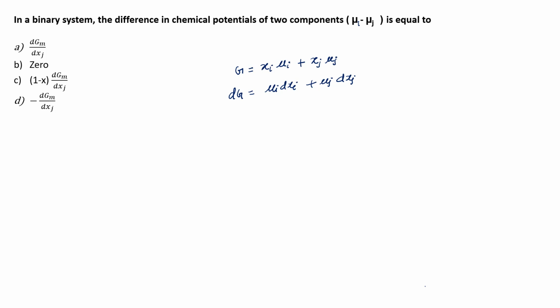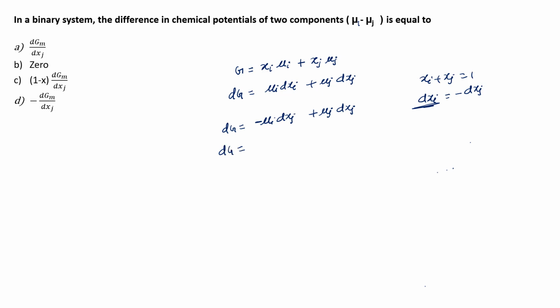Now guys, we also know xi plus xj is equal to 1, so this implies dxi is equal to minus dxj. In the answer it is in terms of dxj, so we write dxi as minus dxj. So dG equals mu I times minus dxj plus mu j dxj.